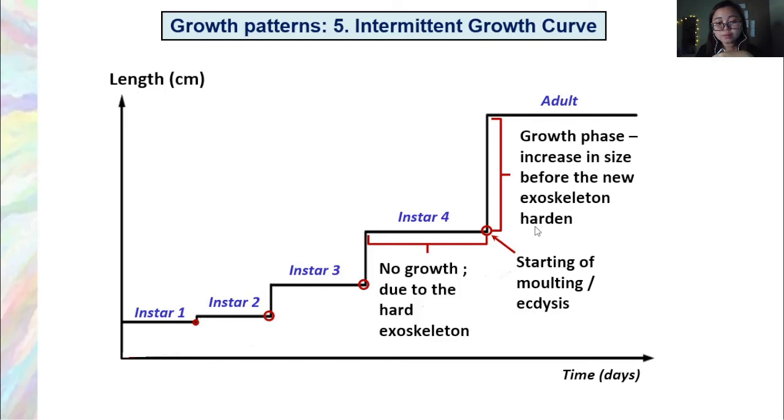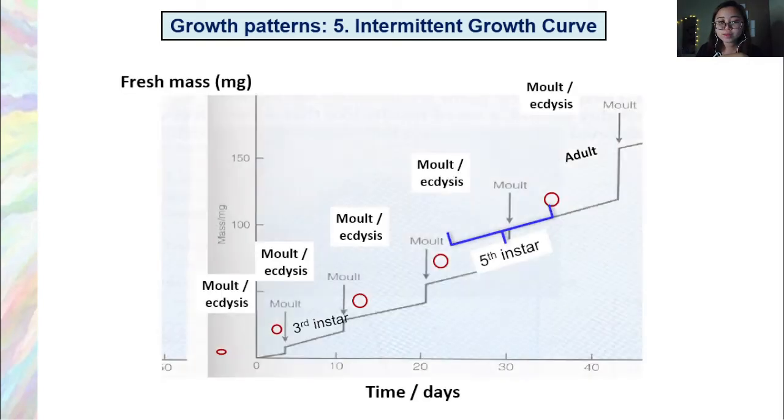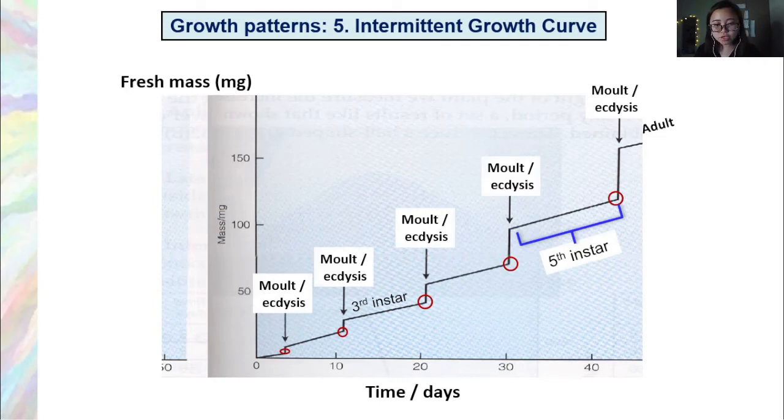flat, up, flat, up. But there is another type of graph for intermittent growth curve that looks like this. As you can see here, this graph is a little bit different than the graph I showed earlier. In this one, the parameter is the fresh mass of that organism.